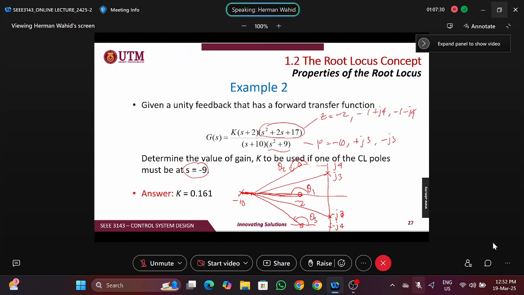Theta 4 is starting from the poles. Okay, let's say the pole number 1 here. Okay, what is actually the angle here? Theta 4.